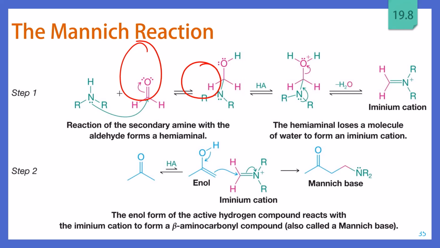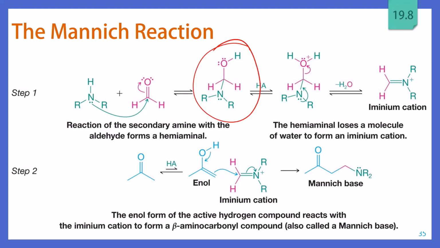So in the Mannich reaction, you have the initial reaction of the secondary amine with the aldehyde in order to form the hemiaminal, which then loses an equivalent of water to form an iminium ion. The iminium ion is a very good electrophile because you have this positive charge on the nitrogen.